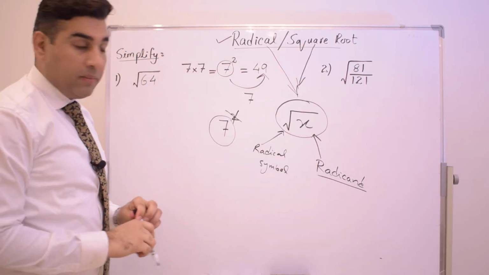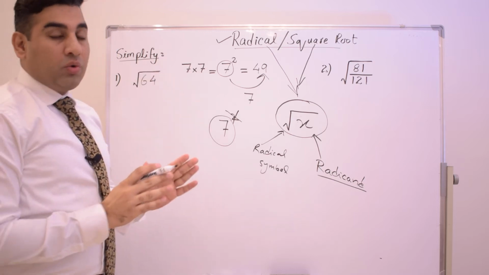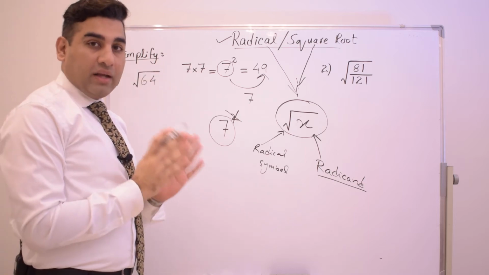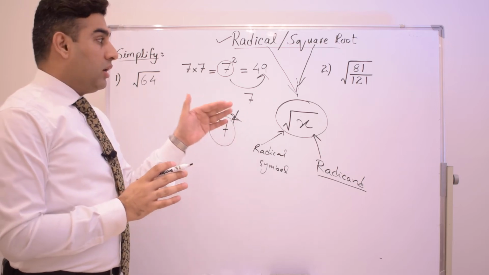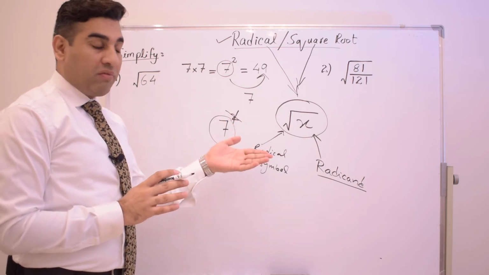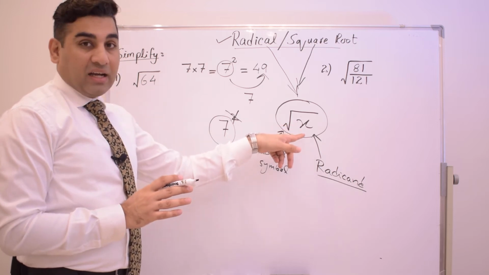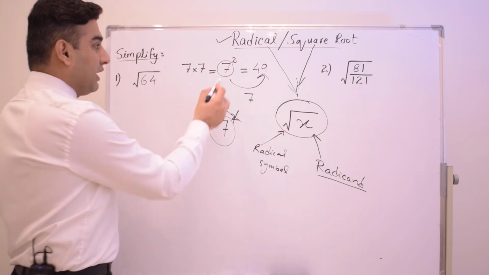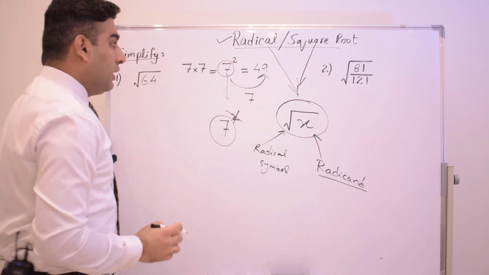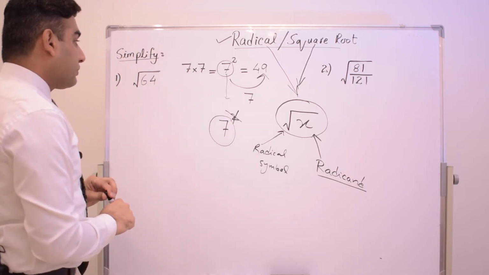I hope you understand, radical or square root is the same thing. If you want to find the radical, you use the radical symbol, and the number whose square root you want to find goes inside the radical symbol, and that number is called the radicand. And this single number is called the radical, that is the square root.